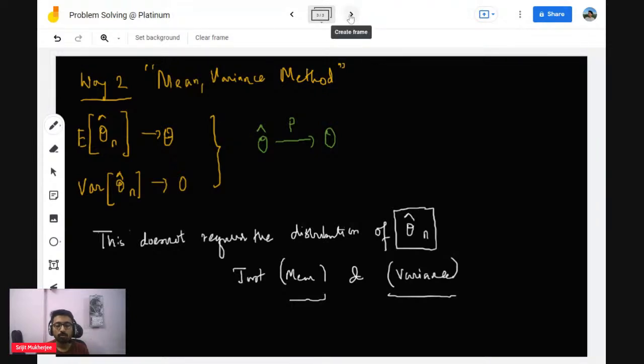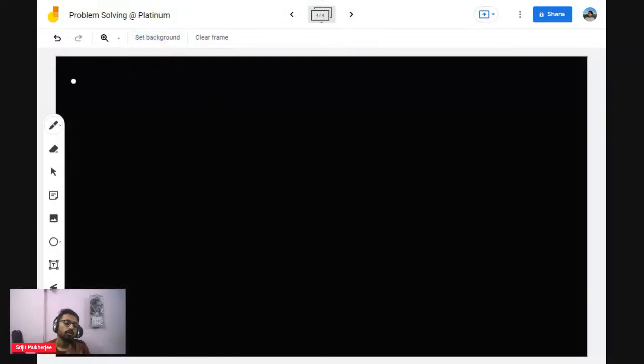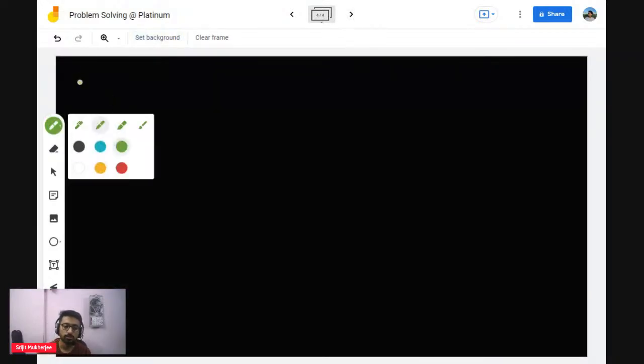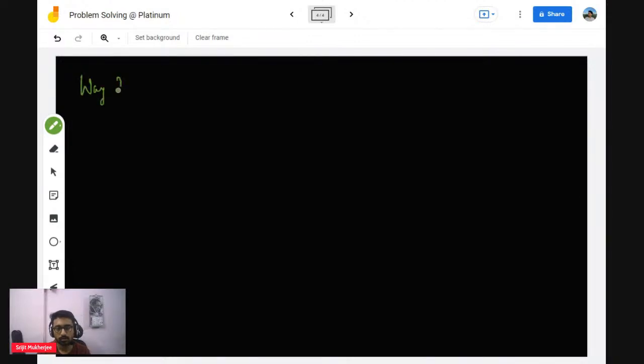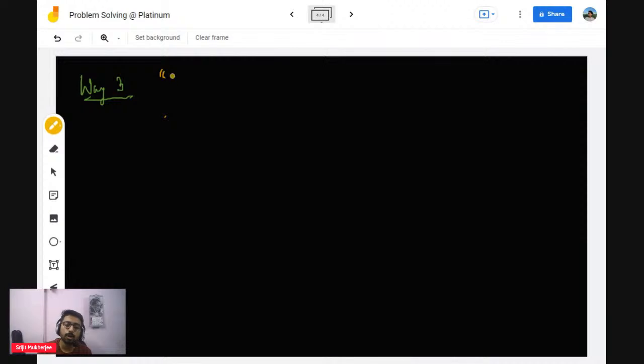Okay, what other way? The way number 3 is the following. It's using the properties of convergence in probability. What are the properties of convergence in probability?